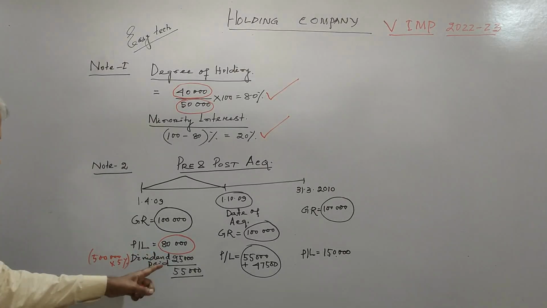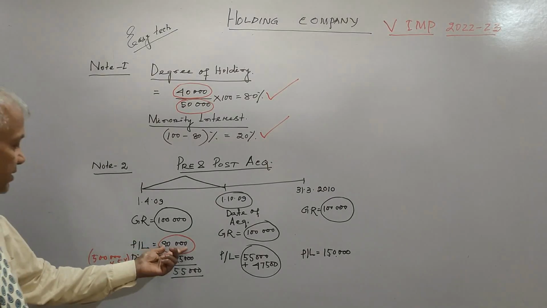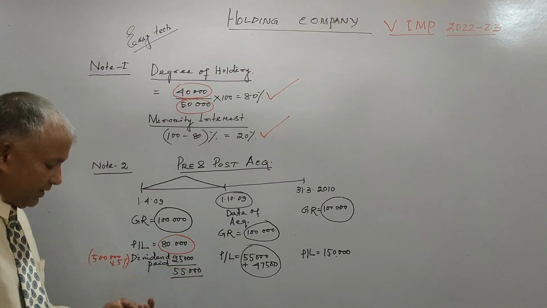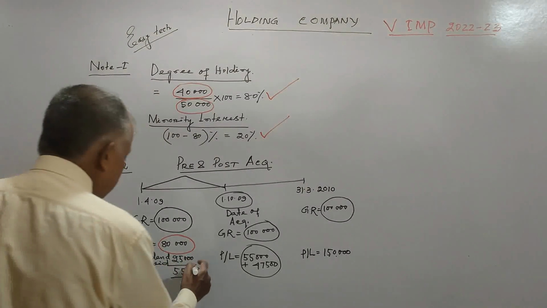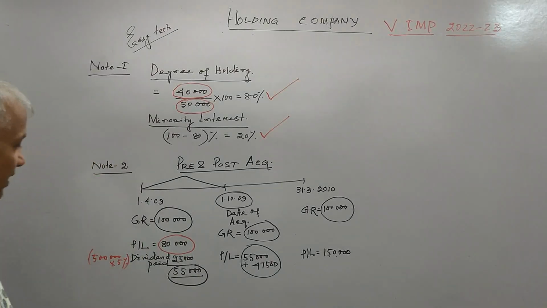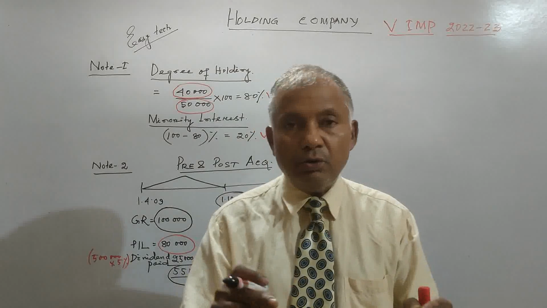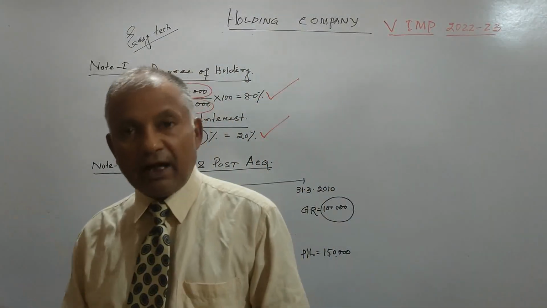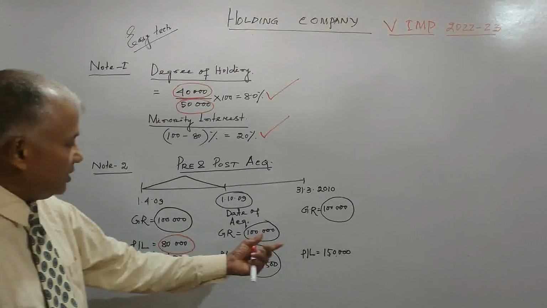So dividend paid is 25,000. Out of 80,000, if dividend paid is 25,000, the remaining balance is 55,000. This 55,000 increases to 1,50,000.